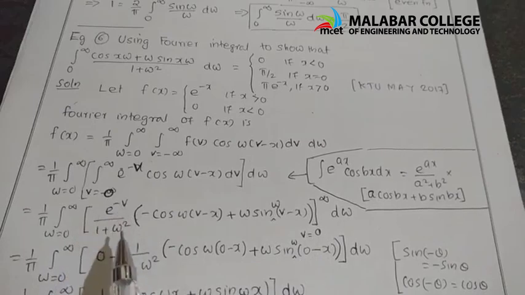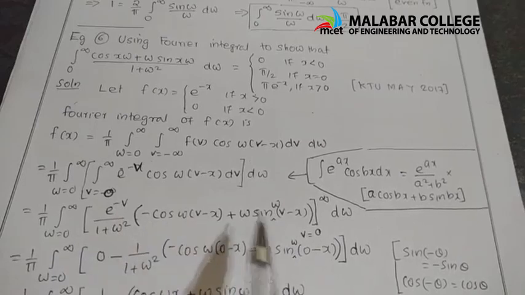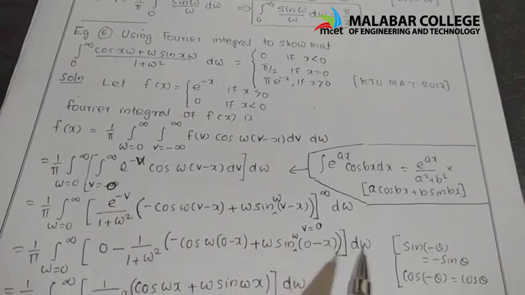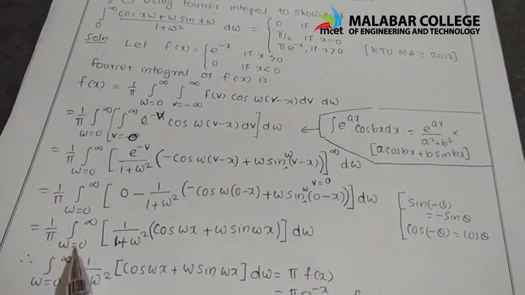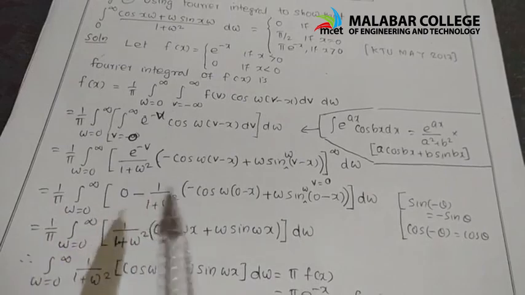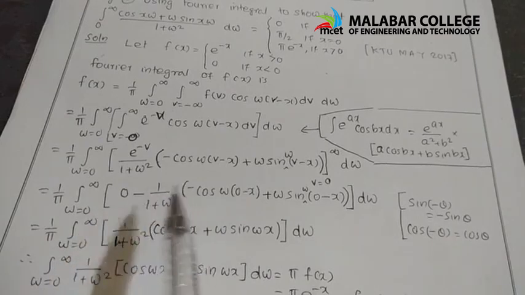In place of v we have to substitute 1 plus omega square, as it is, minus cos omega into (0 minus x) will come, omega into sin omega into (0 minus x) d omega, which is equal to 1 by pi integral omega equal to 0 to infinity, integral omega equal to 0 to infinity. This minus of minus is positive here.